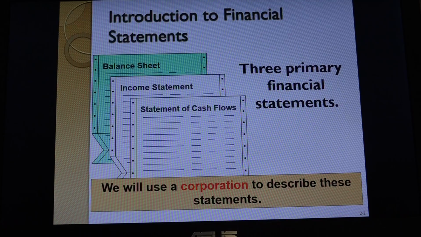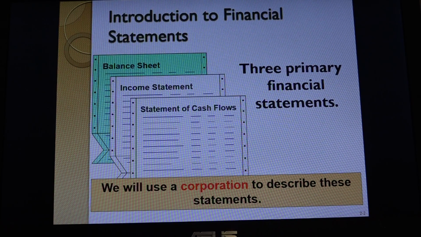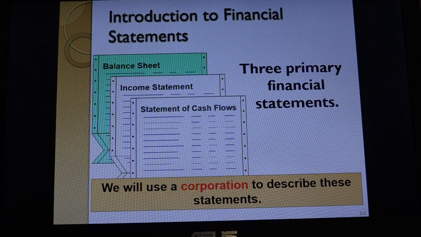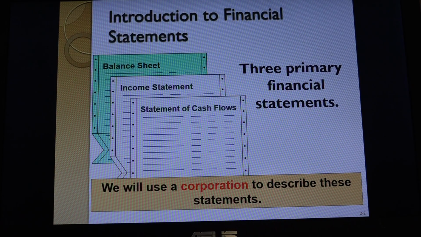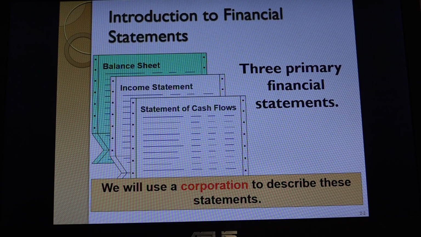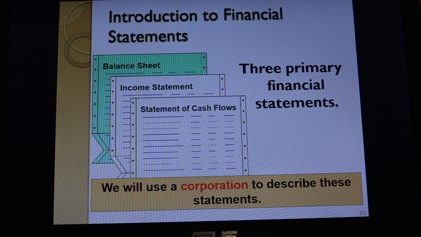In the examples that you'll see here in this lecture, you really don't know the difference right now, but we're going to use a corporation to describe these particular statements. Essentially, what we're doing there is we have a separate entity, separate from its owners, and so it has its own identity separate from its owners.